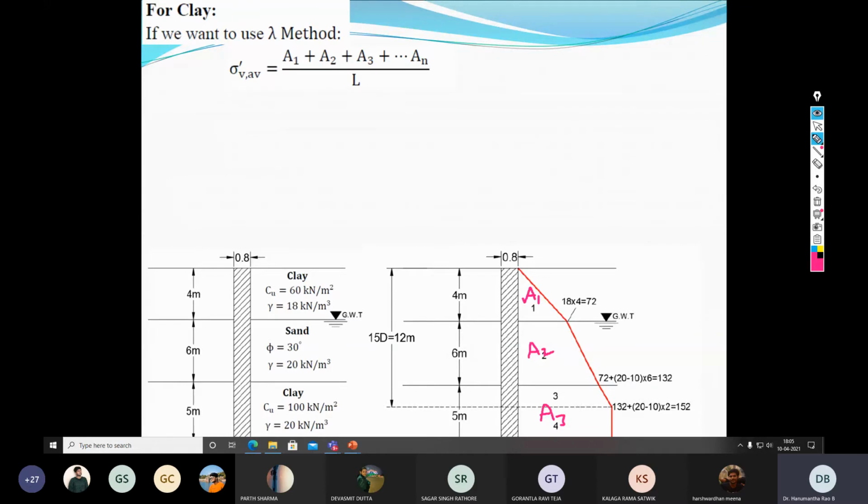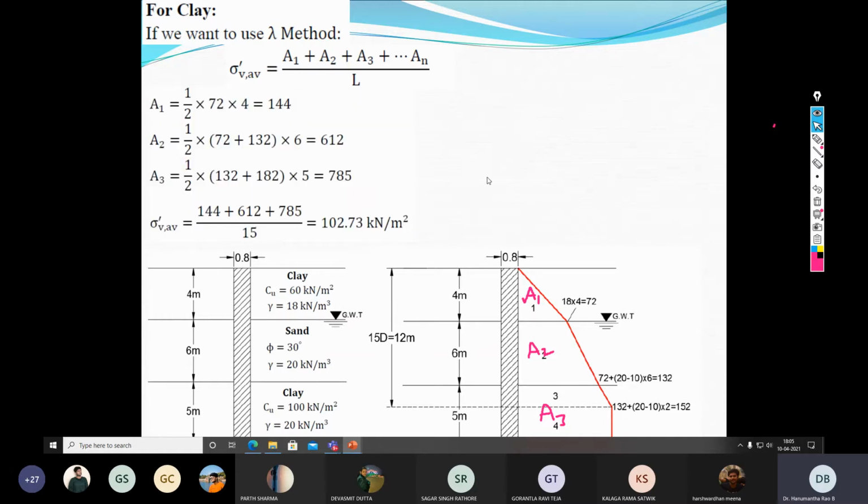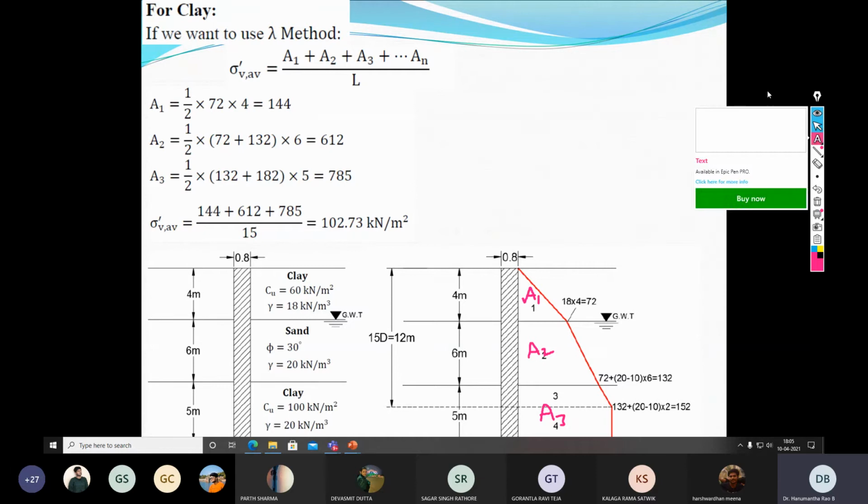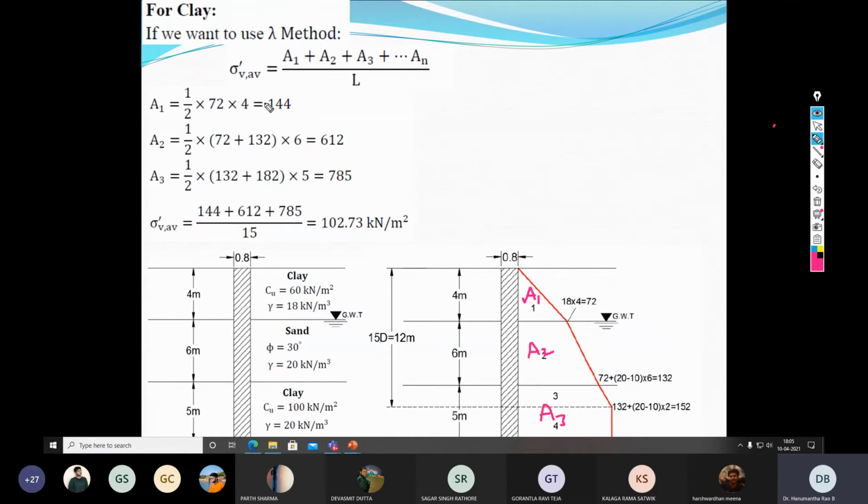I know how to calculate A1, that is half base into height. This is a triangle. Base is 72. So first calculate A1, area 1, half base into height.